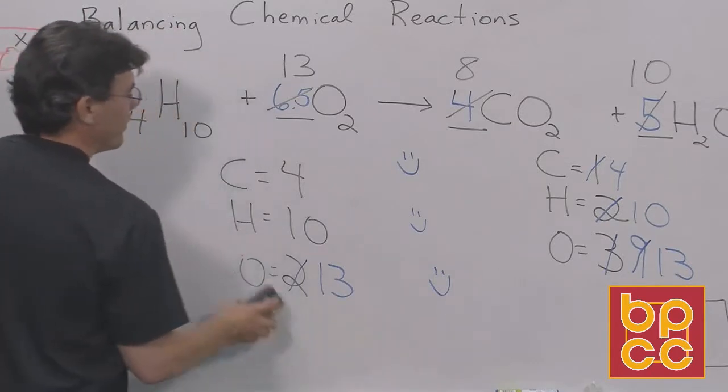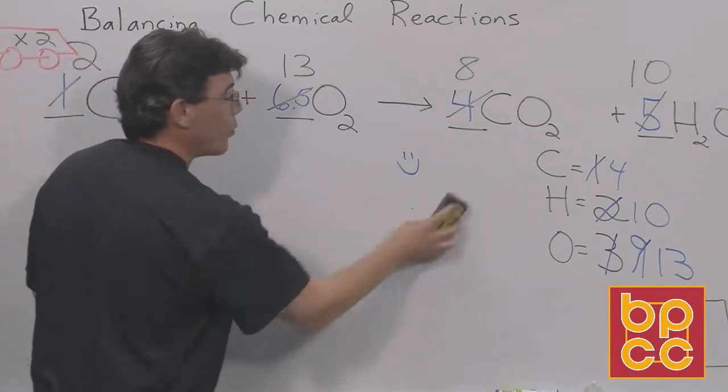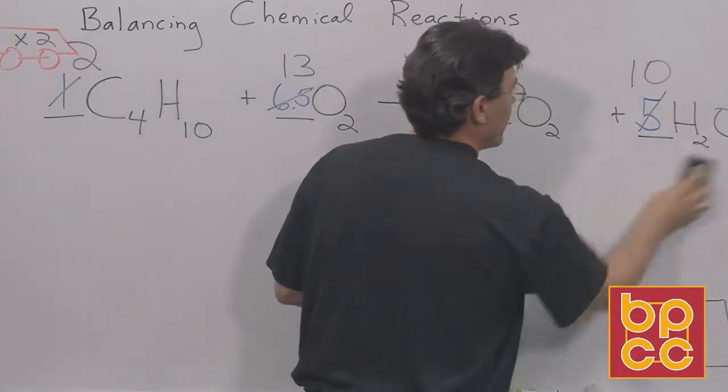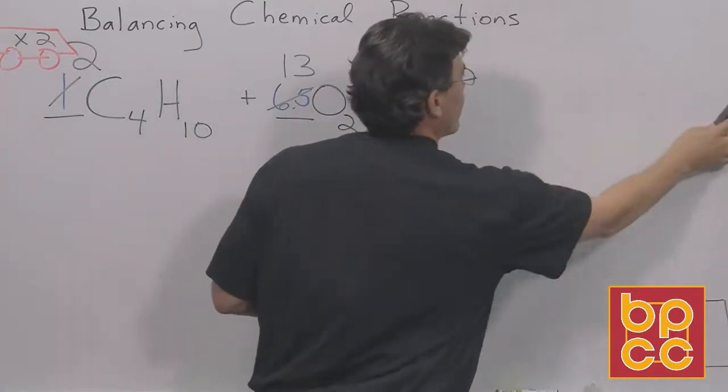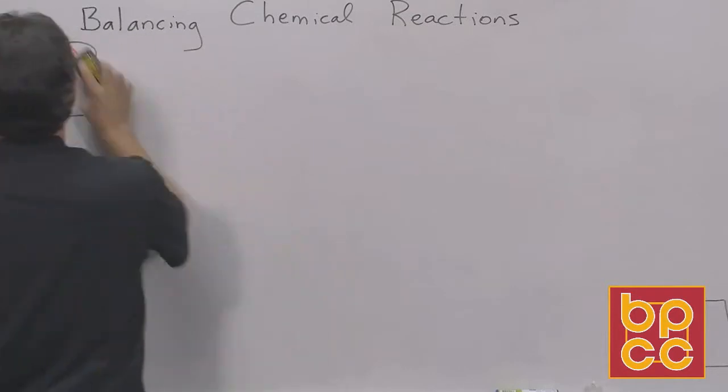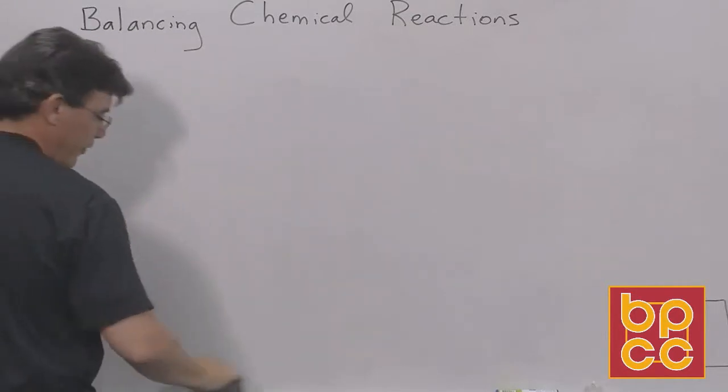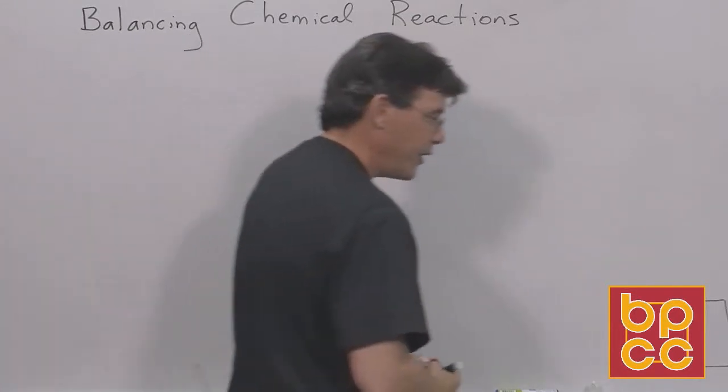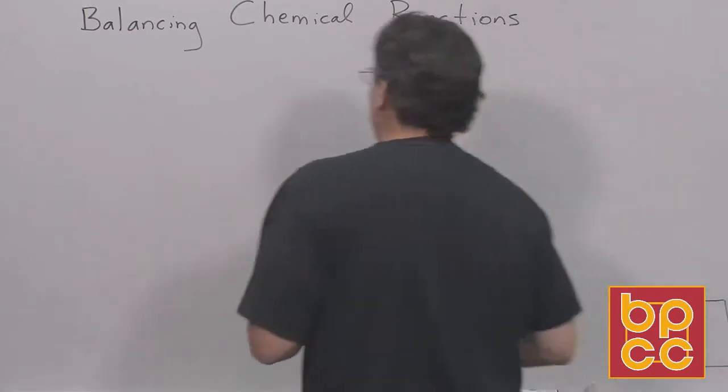Let's try one more. Again, one element at a time is the preferred way to go. And we'll keep that number 2 steamroller running just in case we need it again. Okay, let's take this reaction.